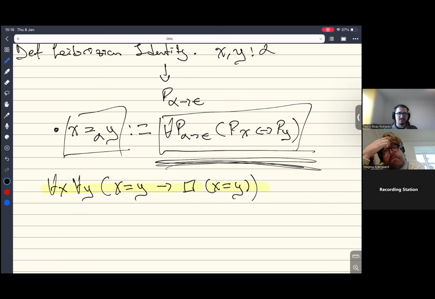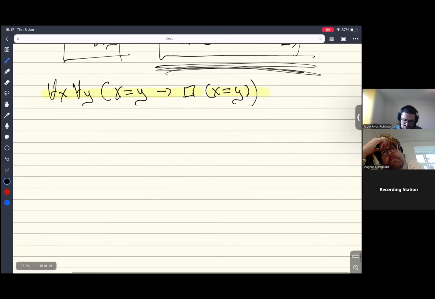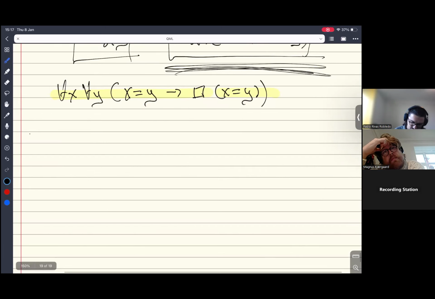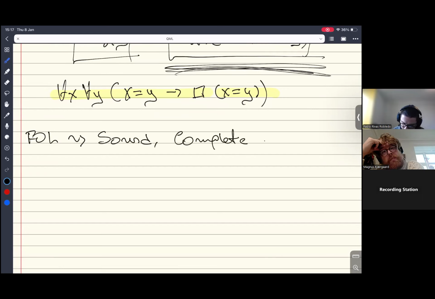All right. Now, this is problematic for some people because in traditional first order logic is sound, complete, and compact.